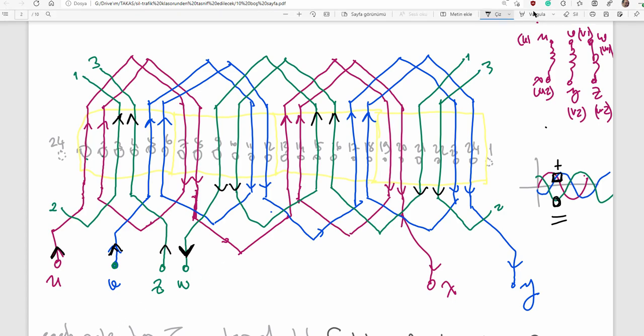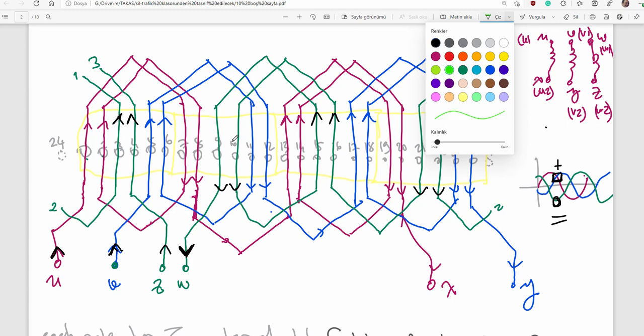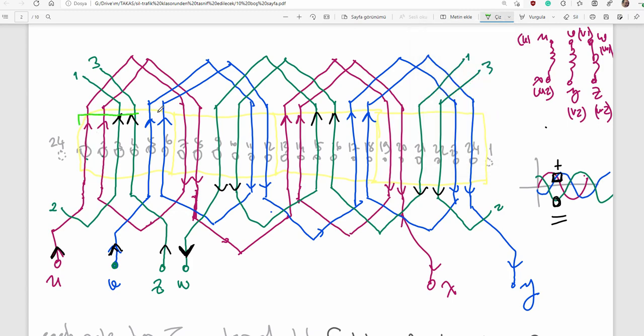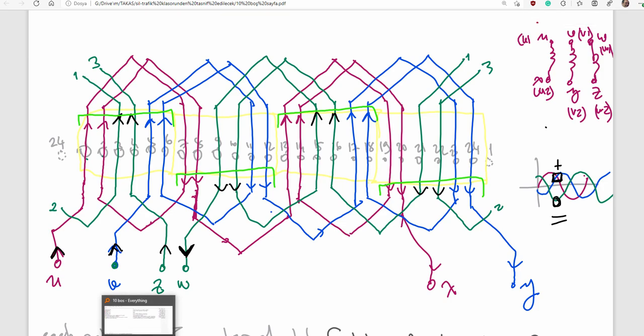Ladies and gentlemen, as you have seen from the figure, here are 4 current groups producing 4 poles. In fact, it will be discussed.